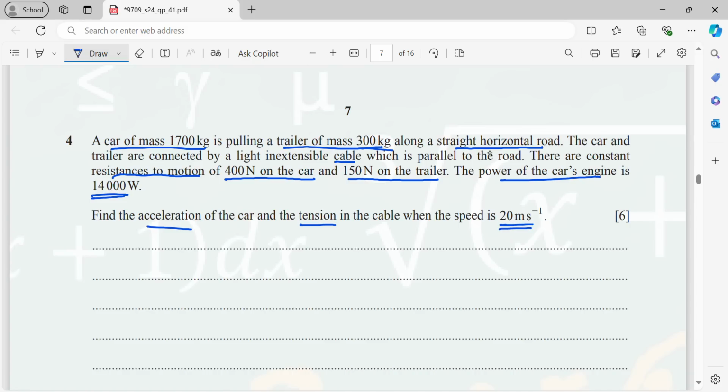Okay, basically this is the diagram. This is a route. Say this is a car, and this is a trailer. Now there will be a cable here. The cable has tension in 2 directions.